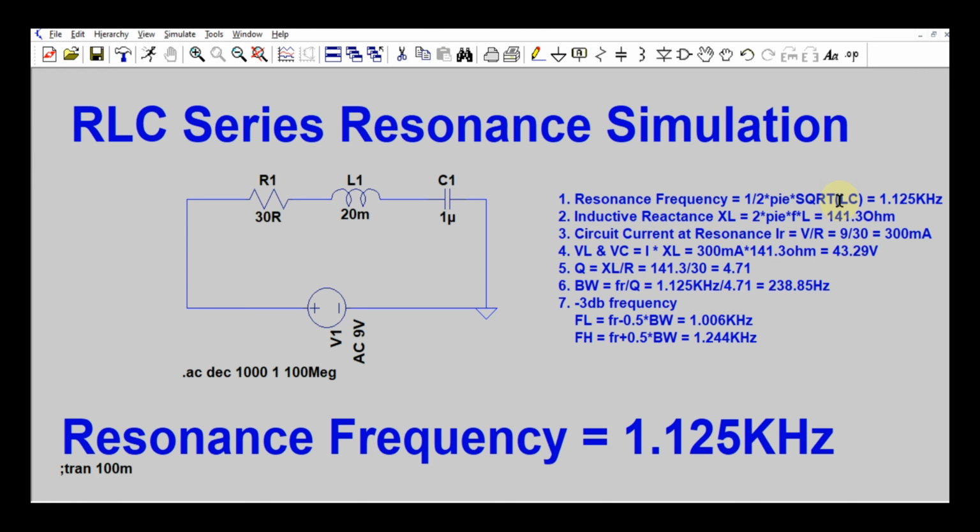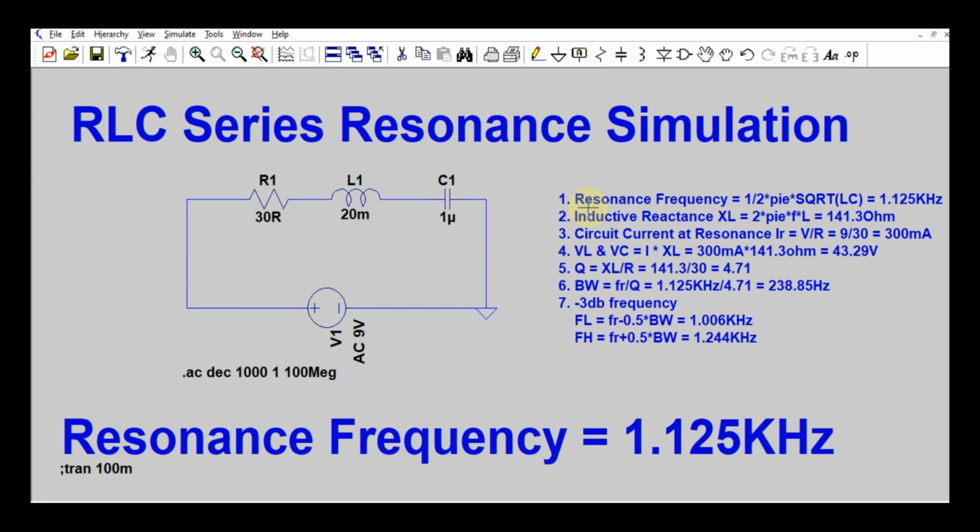If you put the values of L and C in this formula, the value of L is 20 millihenry and the value of C is 1 microfarad, you will get your resonance frequency, that is 1.125 kilohertz. So this is a very important formula, you have to remember. Sometimes it is also asked in university examinations, right?